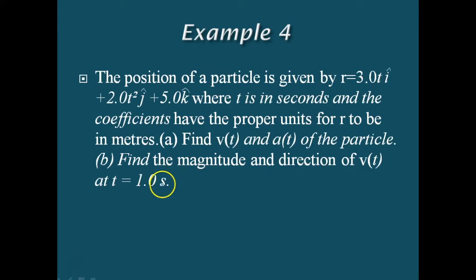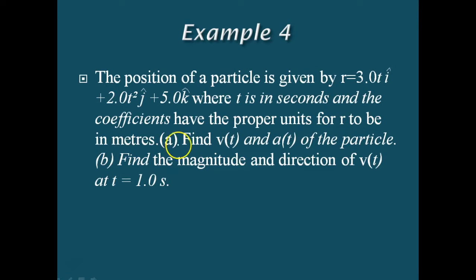Let us consider a simple problem in this part. The position of a particle is given by r = 3t î + 2t² ĵ + 5k̂, where t is in seconds and the coefficients have the proper units for r to be in meters.